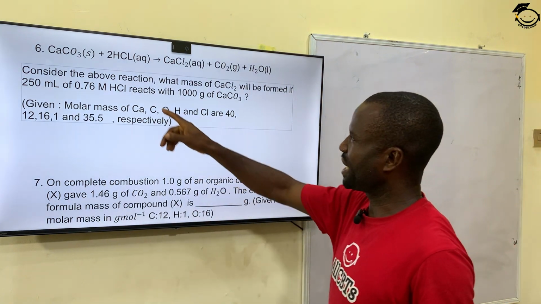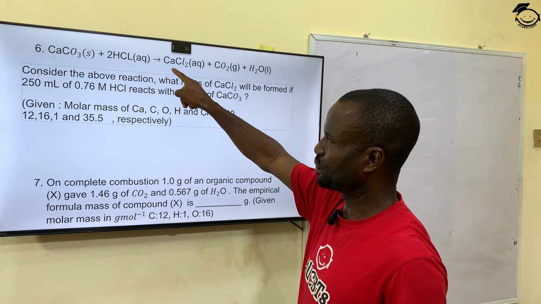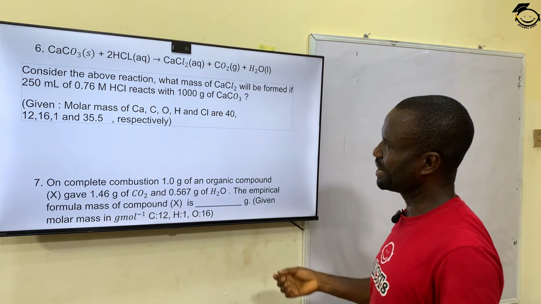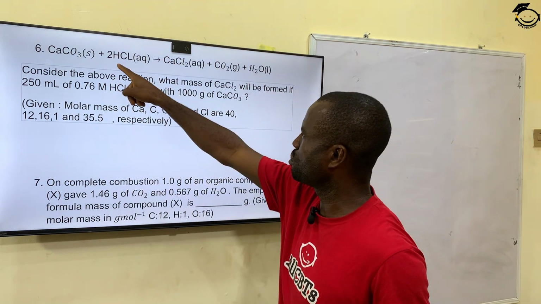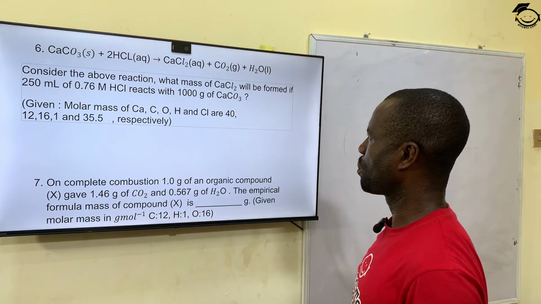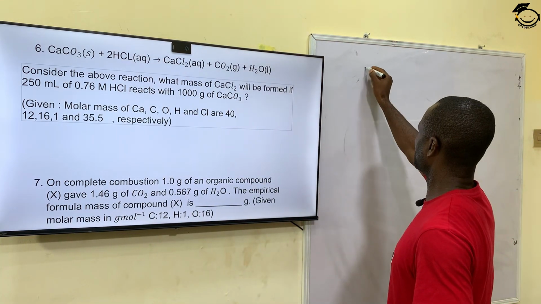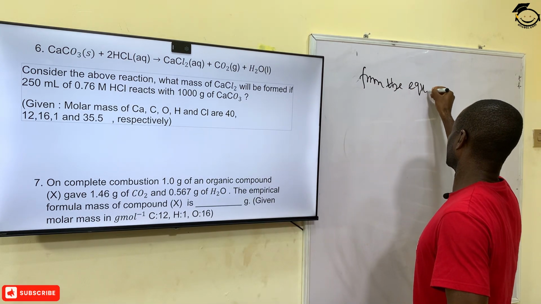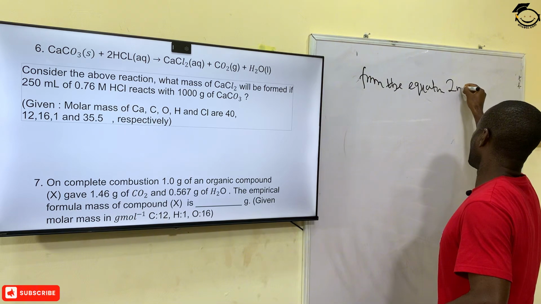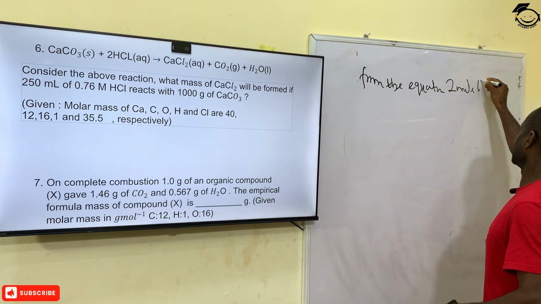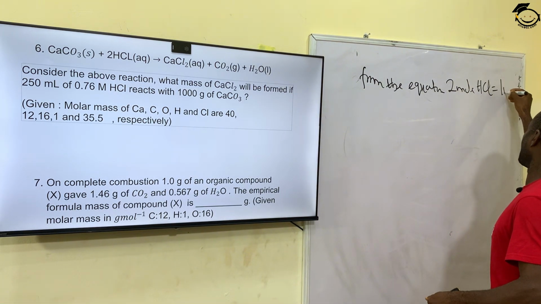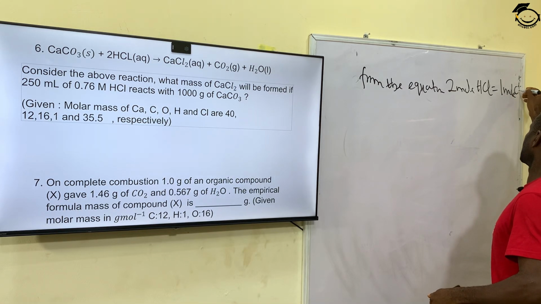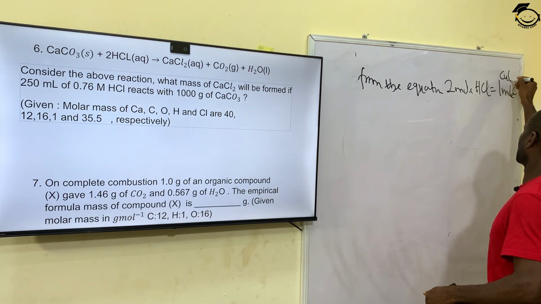So we have to find the number of moles of calcium chloride before we can find the mass. Since we have 2 moles of HCl reacting, from the equation we have 2 moles HCl equivalent to 1 mole calcium chloride.